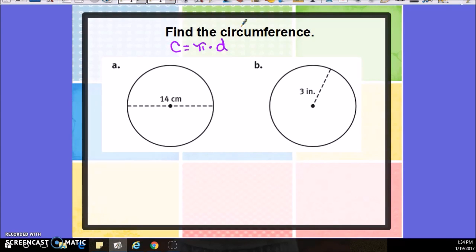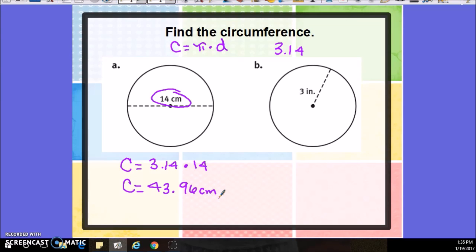It's the distance across the whole circle. The 14 centimeters is given, so we plug that in place of D. For now, we're going to use 3.14 for pi. So our circumference is 3.14 times 14, which is 43.96 centimeters.